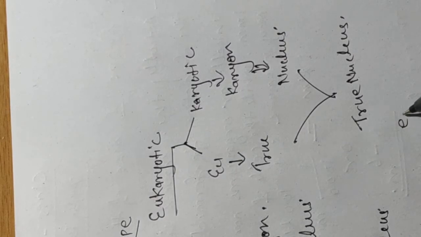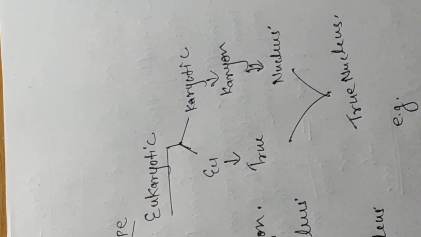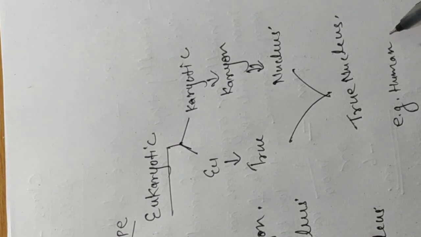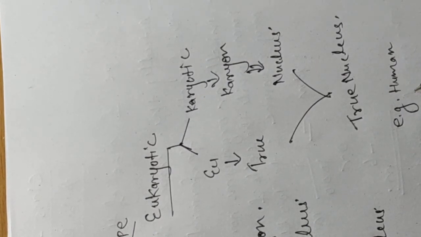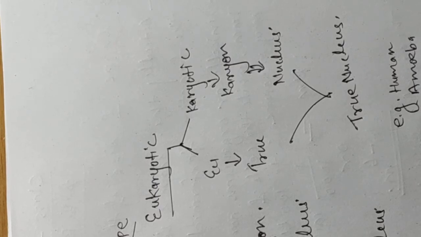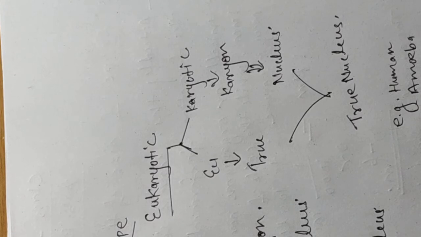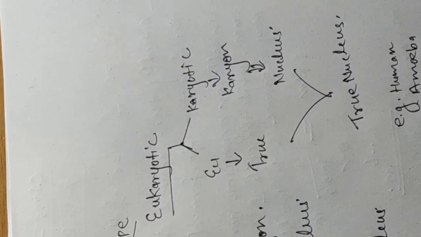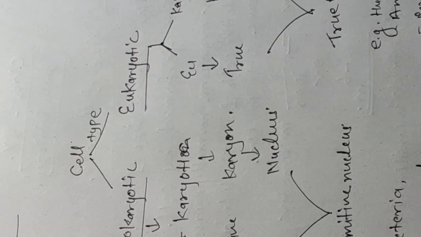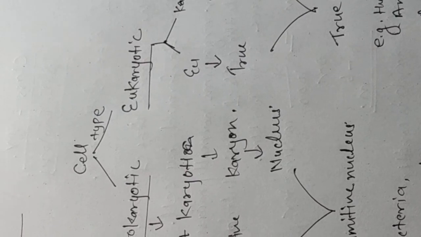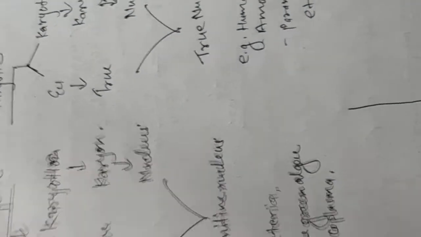For example, human, amoeba, paramecium, etc. The main difference between prokaryotic and eukaryotic cells is the presence or absence of nuclear membrane.